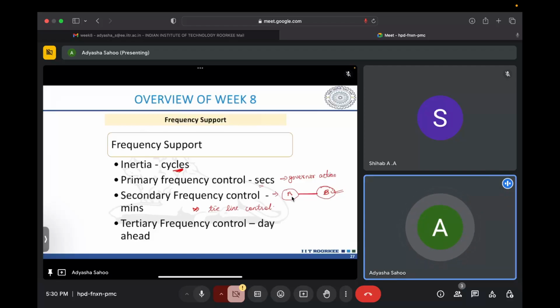Now, the tertiary frequency control happens day ahead. Basically, you keep some spinning reserve in the system. That means you plan for any contingencies that may take place. Spinning means that your generator is already running and synchronized to the system. Generators also take some time to start up, like a thermal plant, which takes time for the boiler to reach a certain temperature.